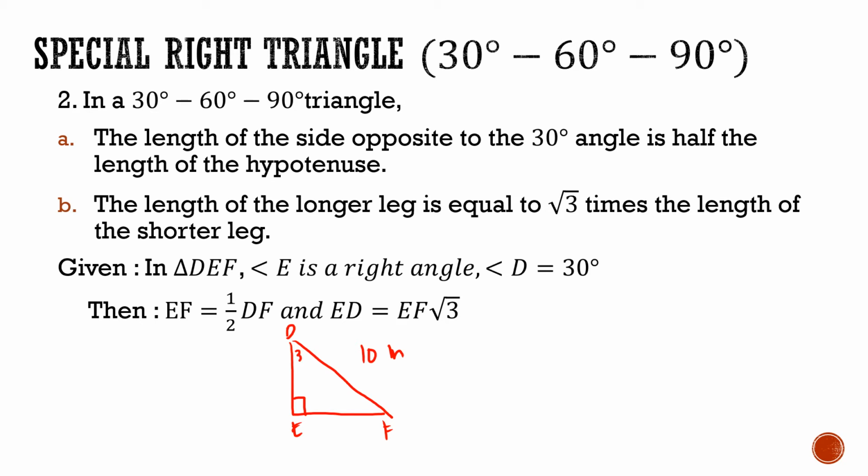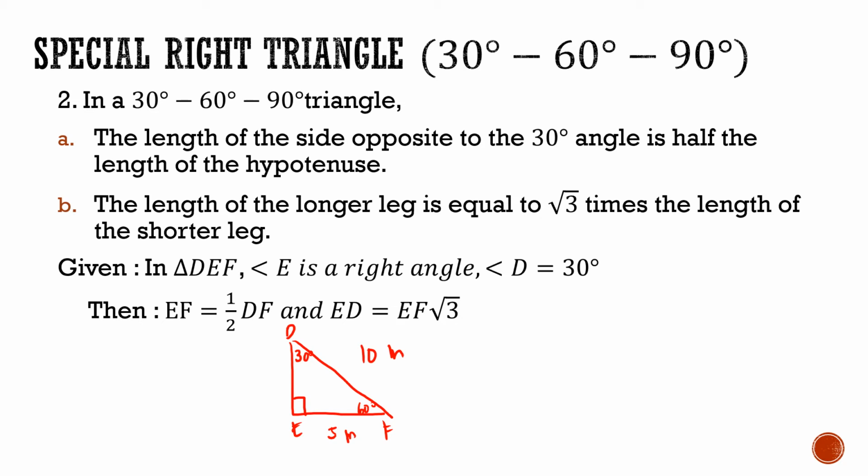Let's say this is my 30-degree angle and this is the 60-degree angle. Therefore, as the definition states, the side opposite the 30-degree angle will be your shorter leg, and the measurement of your shorter leg will be half of your hypotenuse. Therefore, I'll simply divide 10 by 2. So 10 divided by 2 is equal to 5 meters.